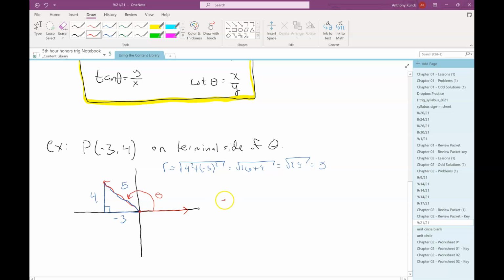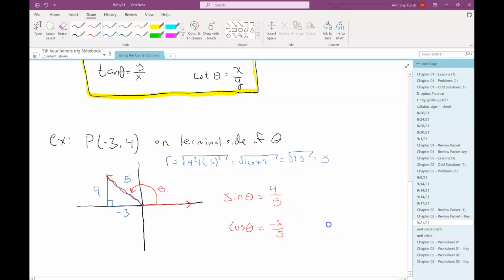And now I have everything I need. So sine theta is y over r, or in the case of our triangle, opposite over hypotenuse. Cosine theta is x over r, or adjacent over hypotenuse.